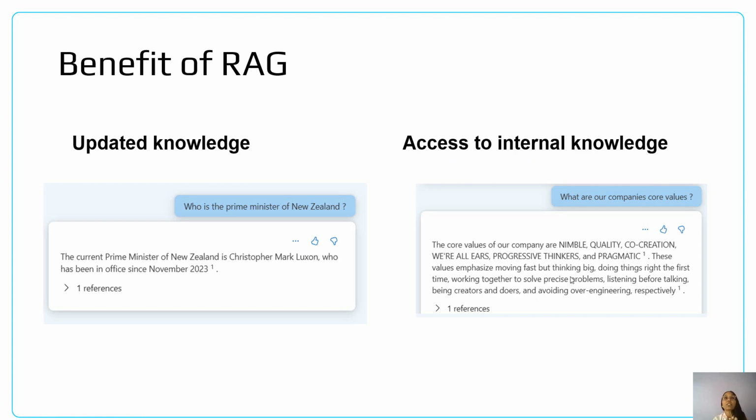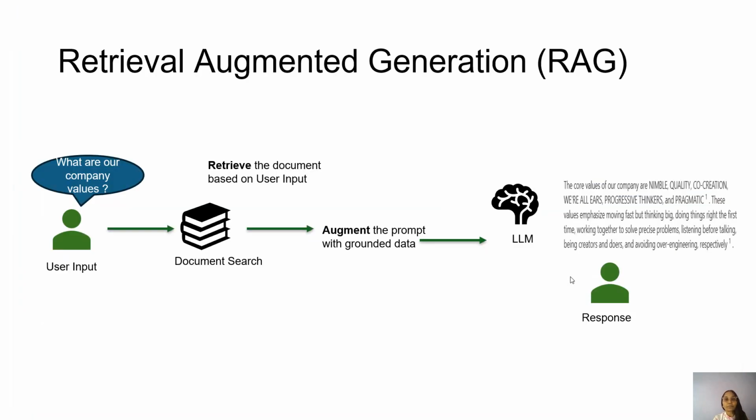So we can overcome the limitations of large language models by using the RAG technique. So how does that work? RAG stands for retrieval augmented generation. Here we have the RAG architecture where there is a user input where I have asked what are our company's values.